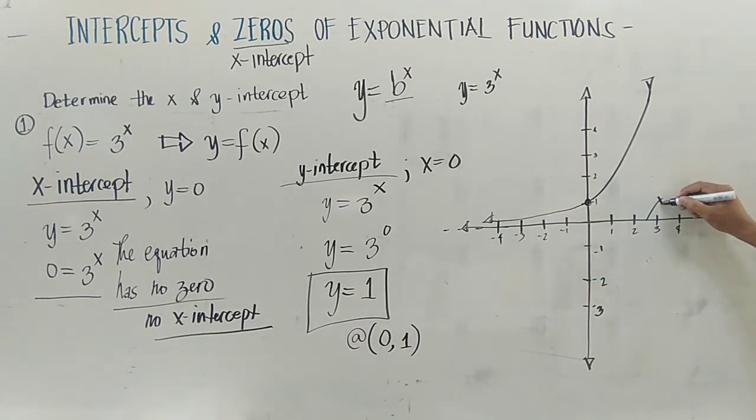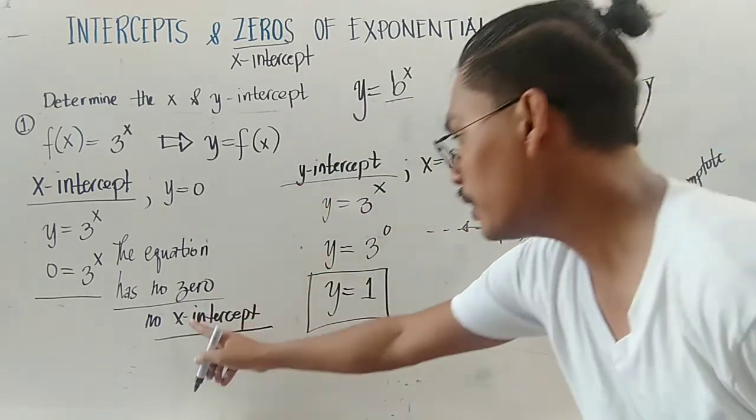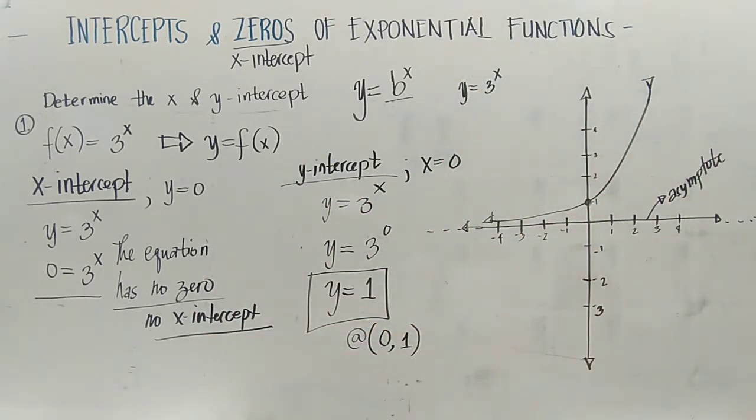And the x-axis will be the asymptote, or the horizontal asymptote. That is why the graph cannot pass your x-axis, and therefore there will be no x-intercept.